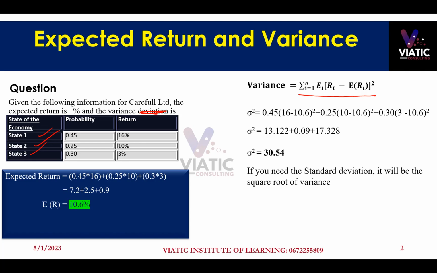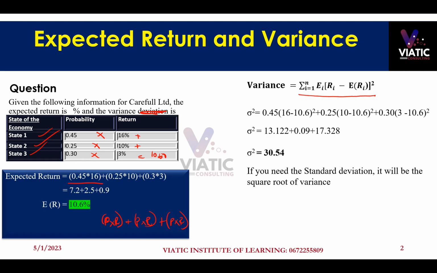So we have to calculate expected return. And expected return, we said, is the summation of probability multiplied by return plus probability multiplied by return plus probability multiplied by return, which means 0.45 multiplied by 16% plus 0.25 multiplied by 10% plus 0.3 multiplied by 3%. Then we get 10.60.